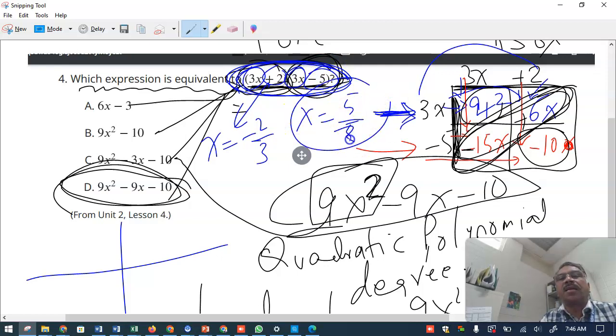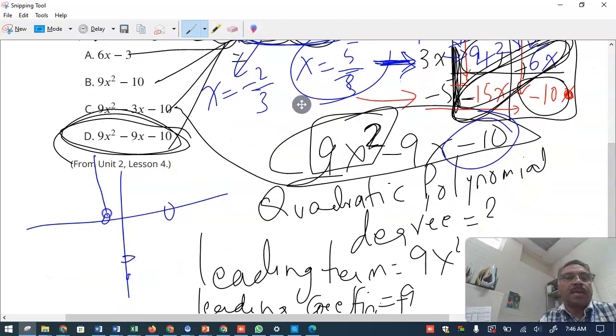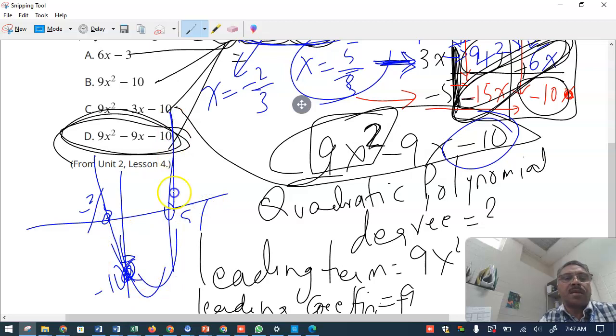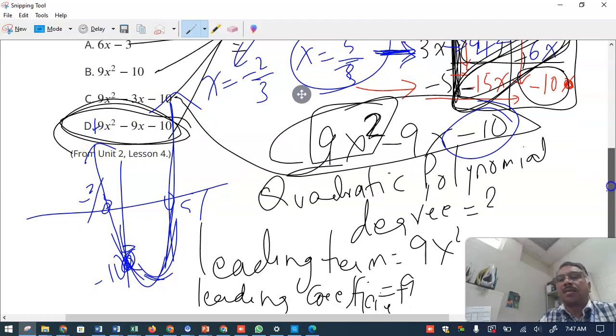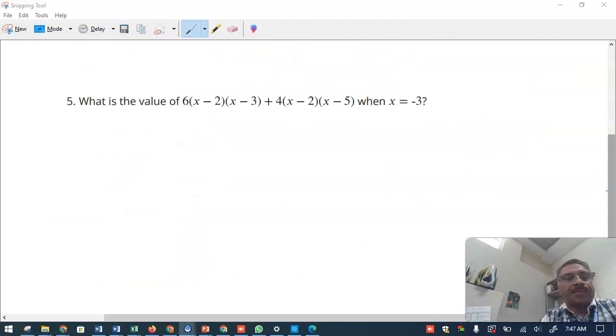So this is where the graph crosses, maybe here and maybe here, and minus 10 maybe here. The graph goes through minus 10 here, and this is like minus 2/3, and this is 5/3, something like that. So this is a parabola which opens up because it's positive here. So hope that helps. Let's go to the next.